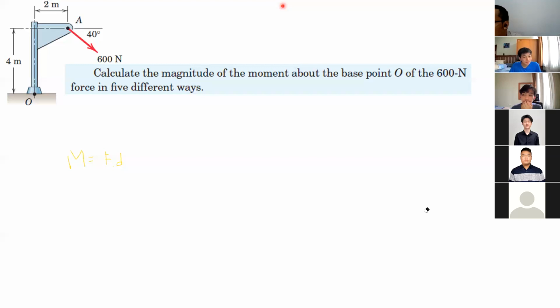Any idea, Fauzan? No idea, sir. Anyone here who can help Zafran and Fauzan to find the perpendicular distance or to finish this particular problem?